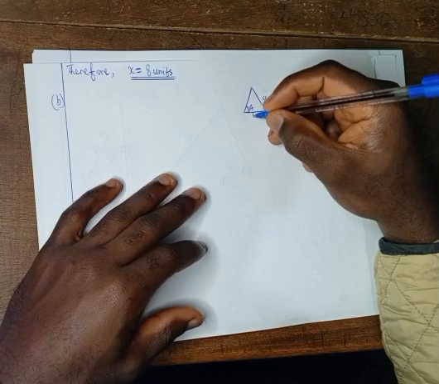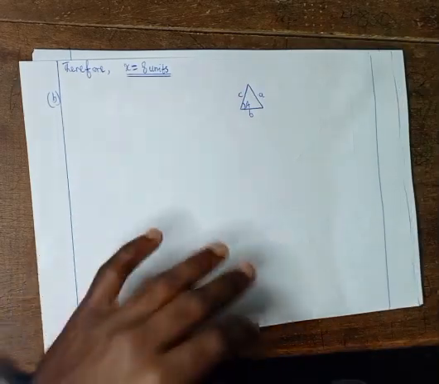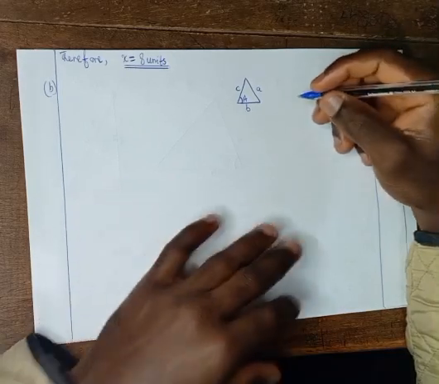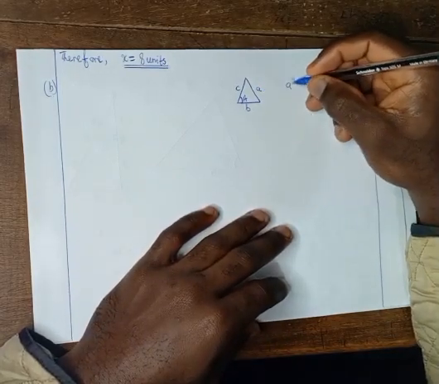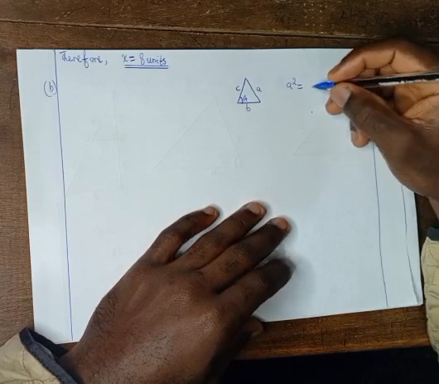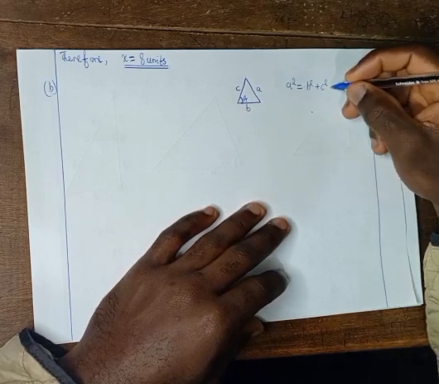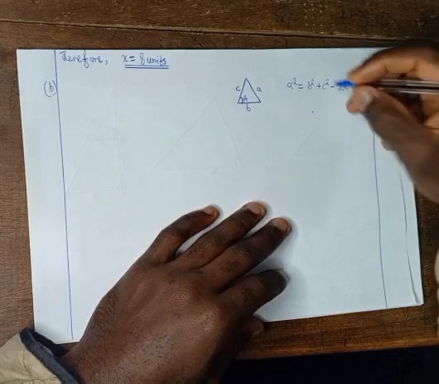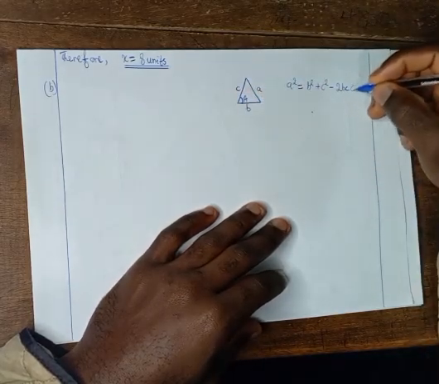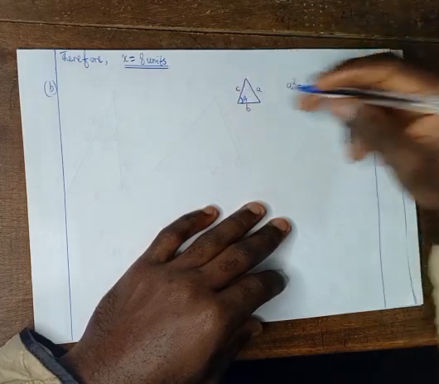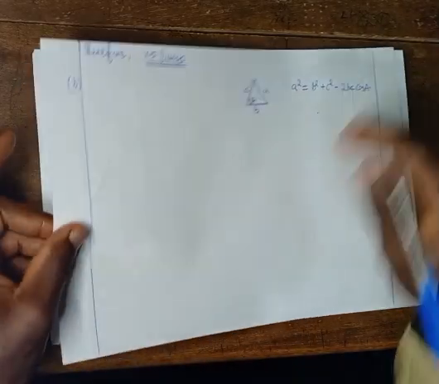Here, this side is of dimension B. This other side is of dimension C. The cosine rule states that for you to find the side, e squared will simply be equal to b squared plus c squared minus 2 times b times c cos the angle in between these two sides, which is E. So we are going to apply the cosine rule here.